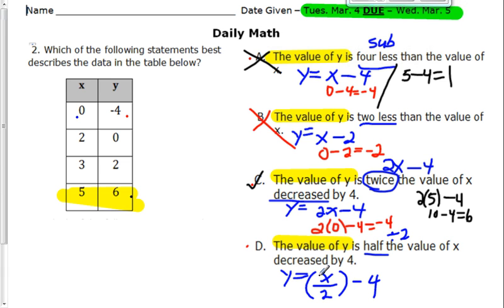This one is not going to be right because 5 divided by 2 is 2.5 minus 4. 2.5 minus 4 is going to be a negative 2.5. It's definitely not going to be 6 because, again, I'm subtracting and the dividing makes it even smaller. So the correct answer here is C. Okay, moving on.